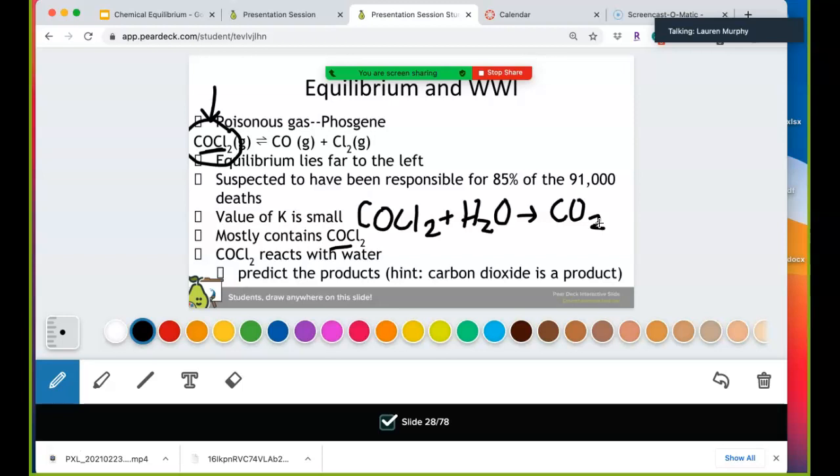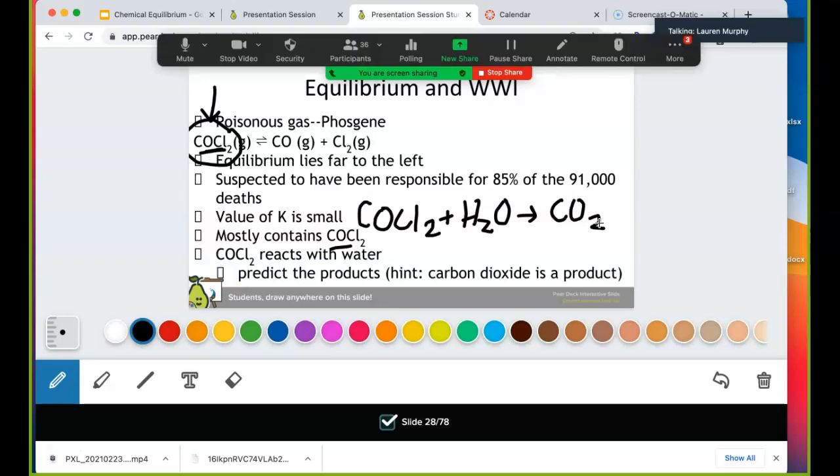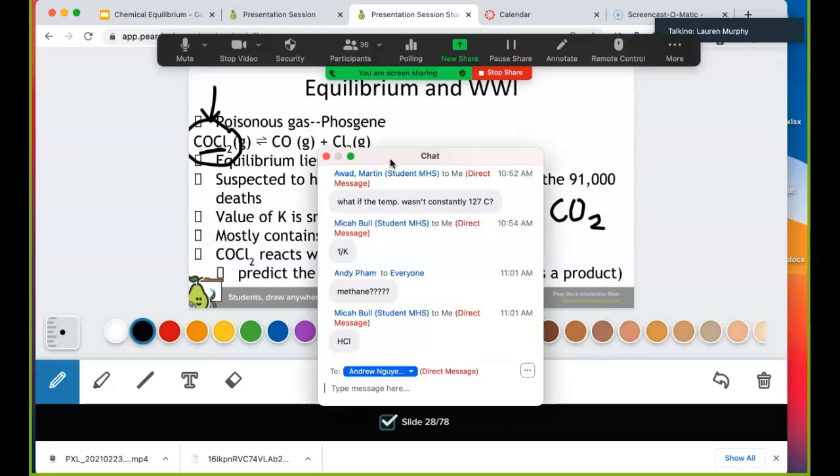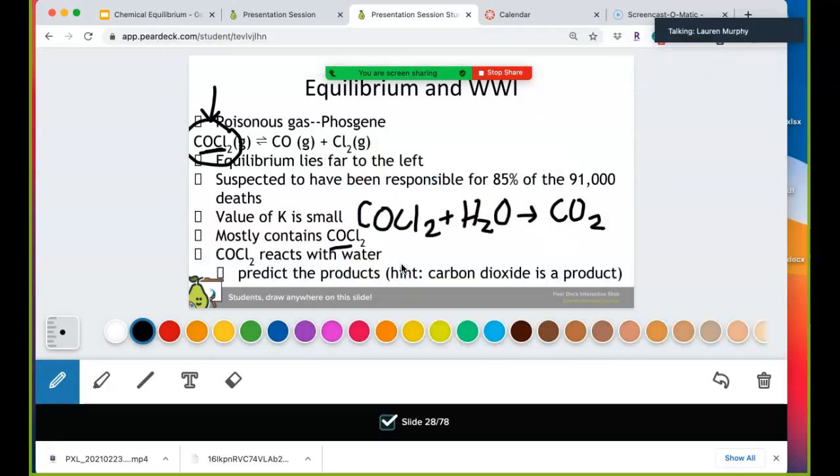So they use this as a form of chemical warfare. Look at that reaction. HCl. Hydrochloric acid. Anytime the phosgene hits water.